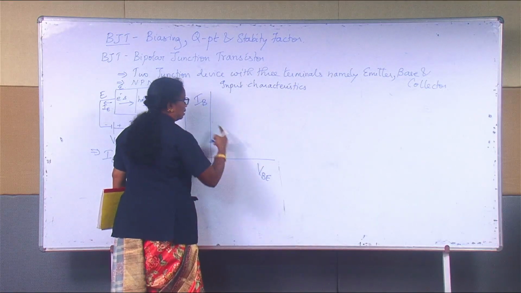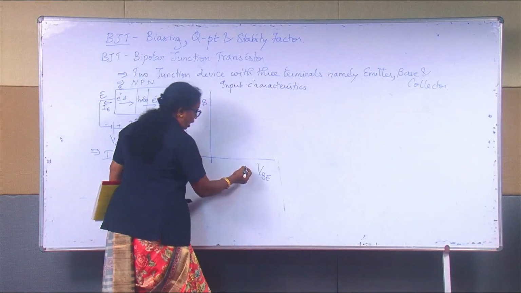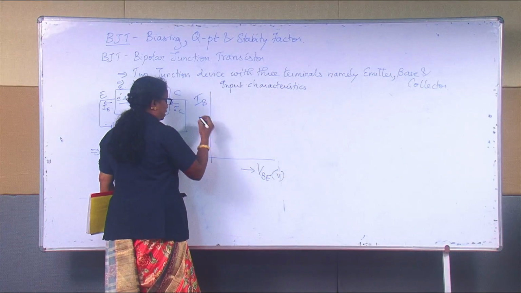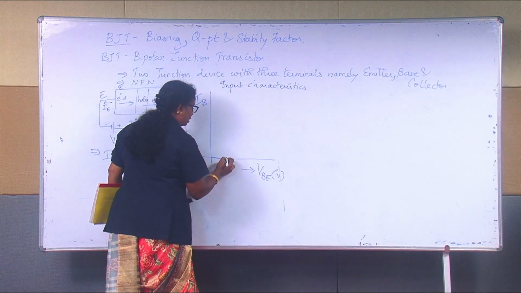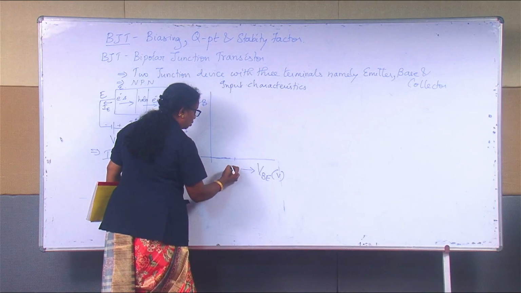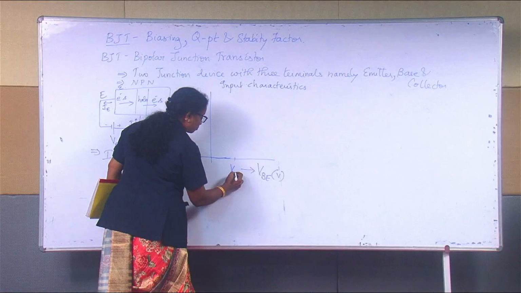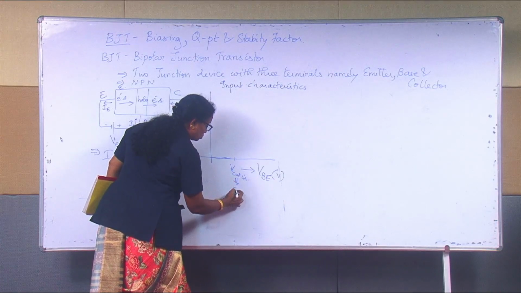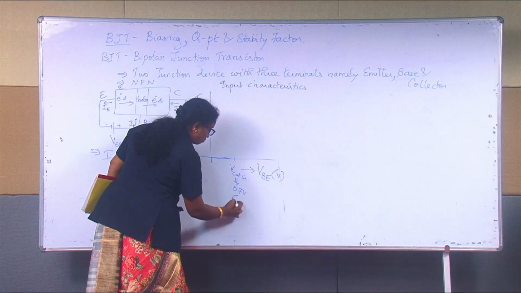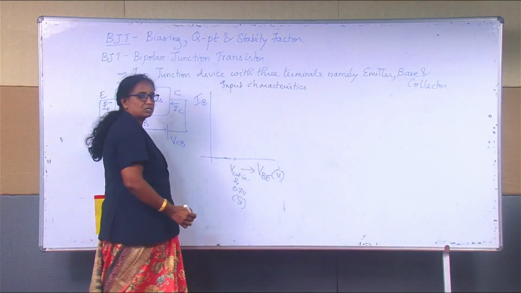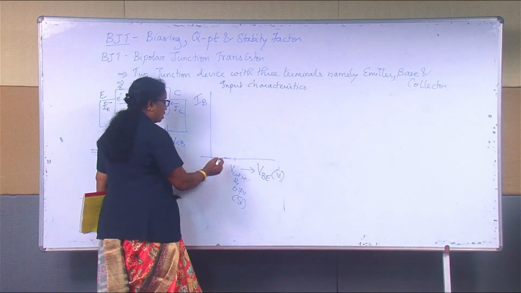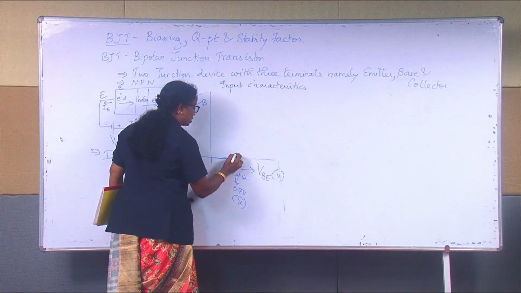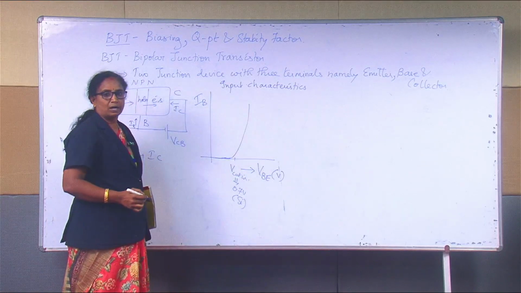If you take the input characteristics, as the base voltage is increased, the base current will also increase till a point called cut-in voltage. This is equal to 0.7 V if I use the material silicon to construct the transistor. So once it approaches this cut-in voltage, the base current will start increasing rapidly.